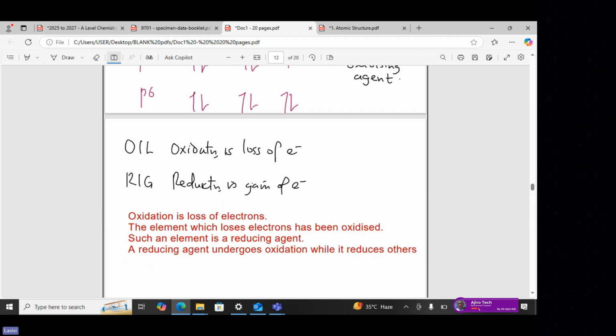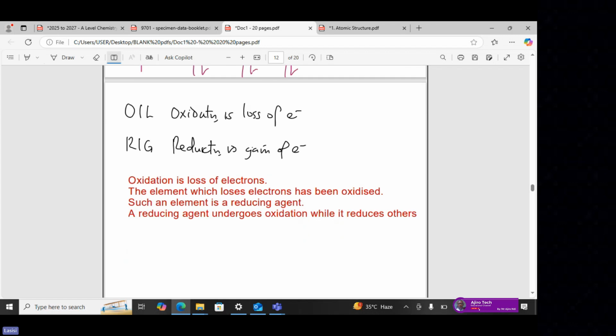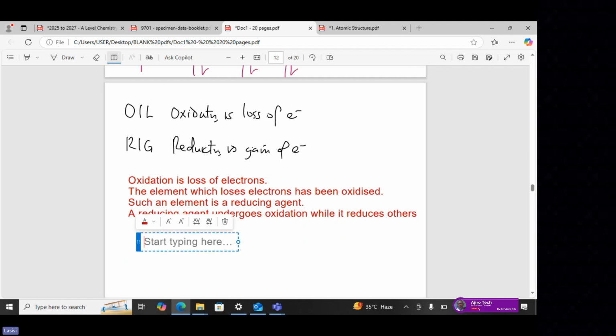OIL RIG is talking about electron loss and gain, not the person that loses electron. Don't get it wrong. The process of losing electron is oxidation, but the guy that loses electron is a reducing agent. Is that okay? Yes. The process of losing electron is oxidation.